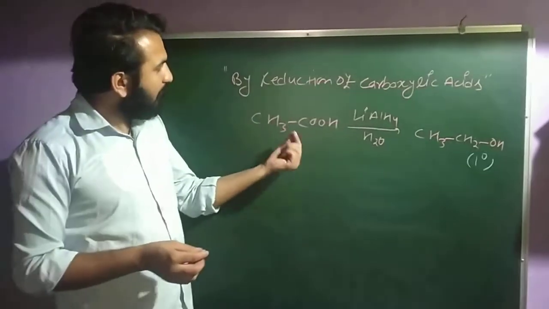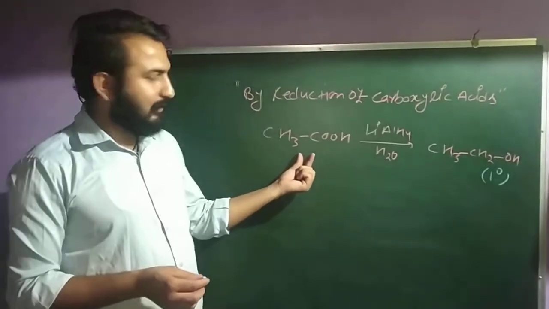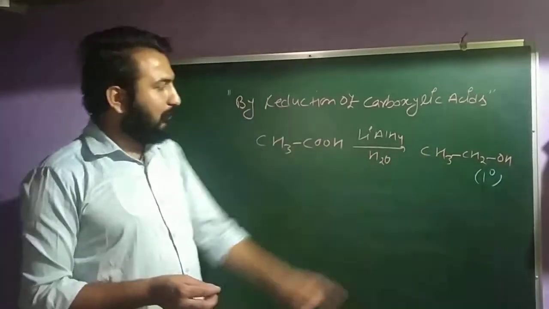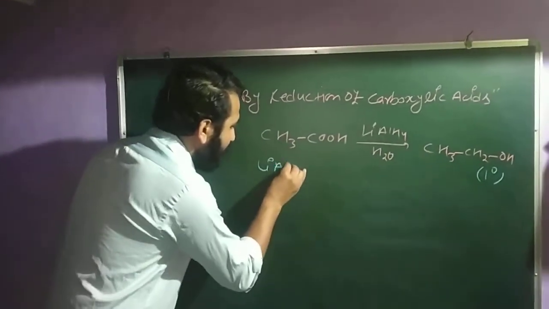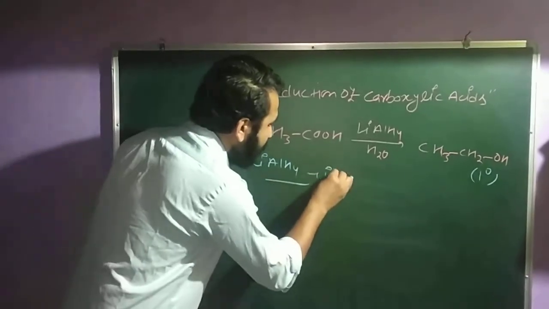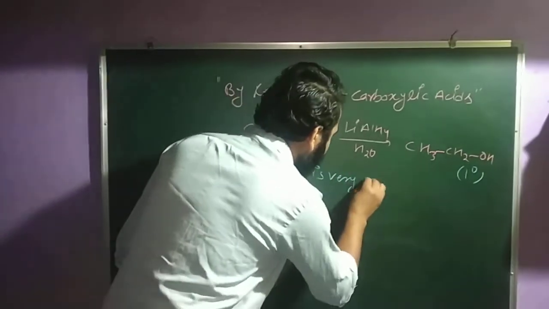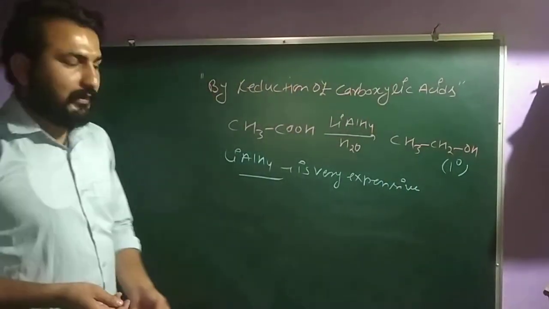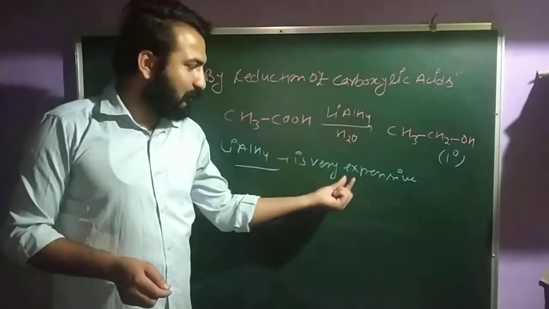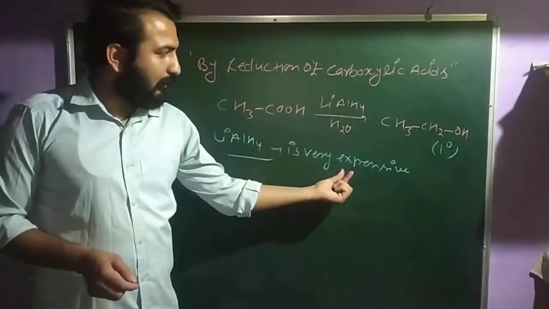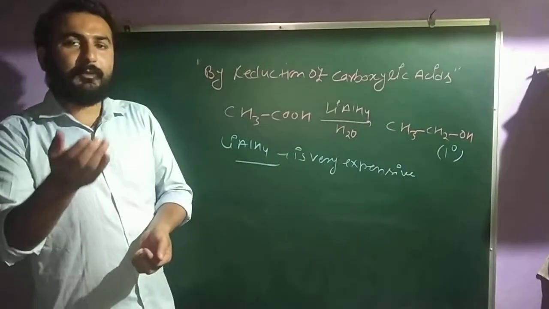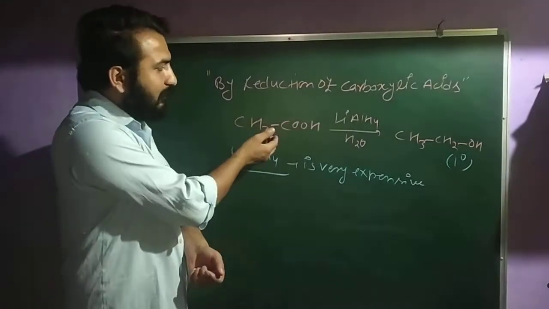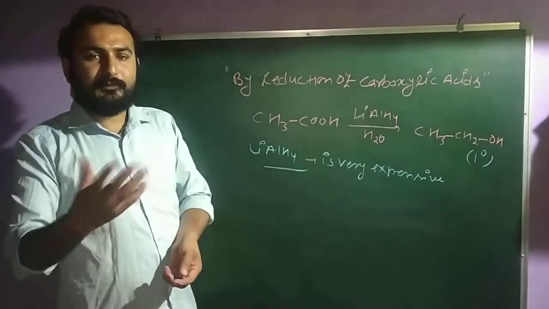But LiAlH4 is very expensive. Remember, this lithium aluminum hydride is very expensive, and it is only used to prepare special kinds of reagent. That means in the reduction of carboxylic acid commercially, we do not use lithium aluminum hydride, due to its expense.